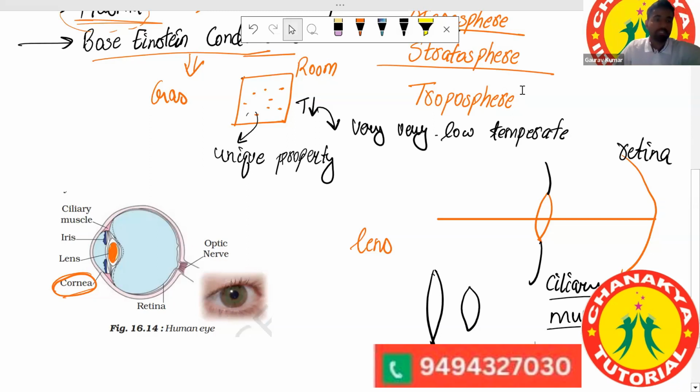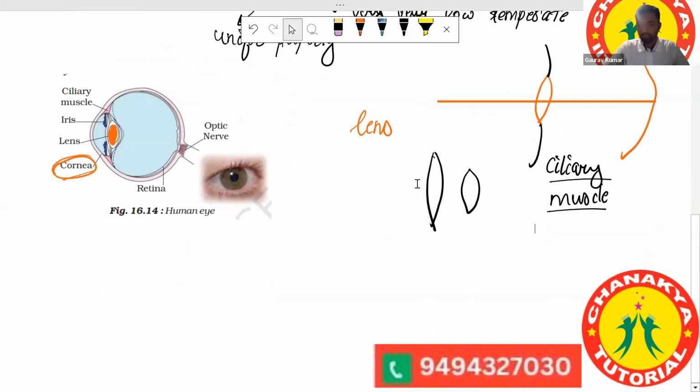The ciliary muscle is no longer able to provide the correct size of this lens. So the focusing power depends on the size. Let me give you one example so that you can understand how these lenses focus light.